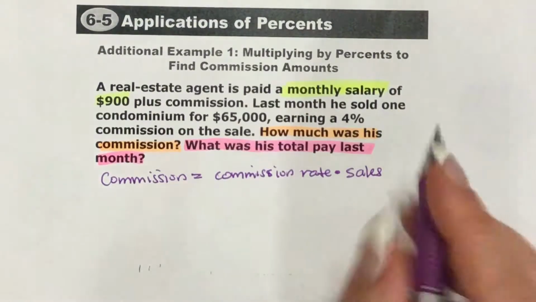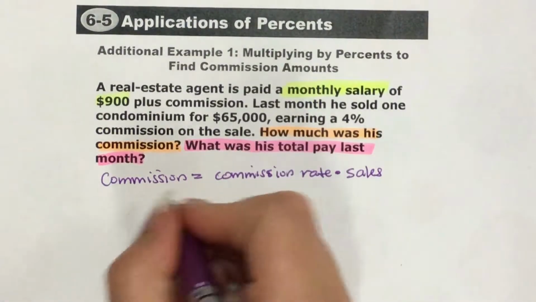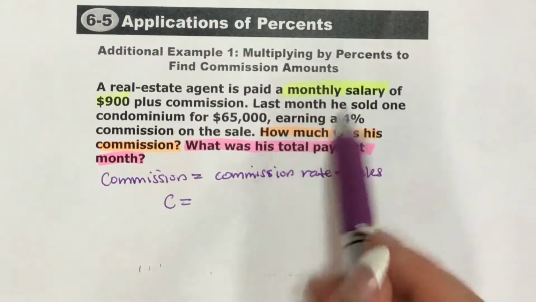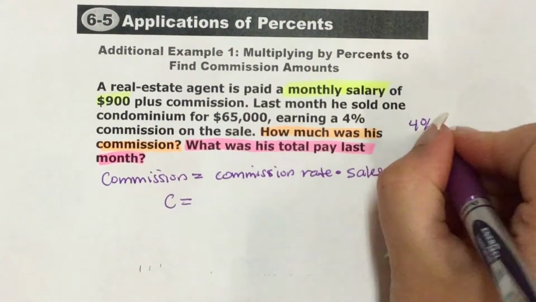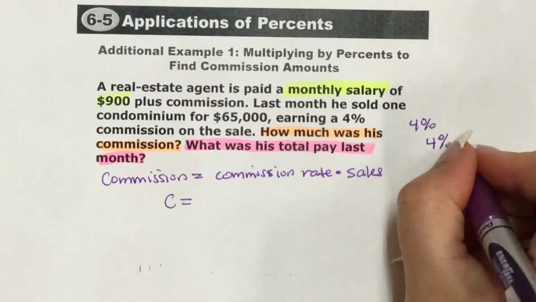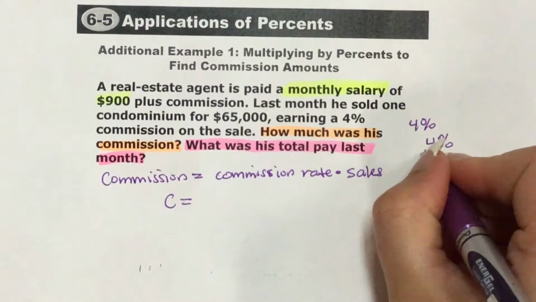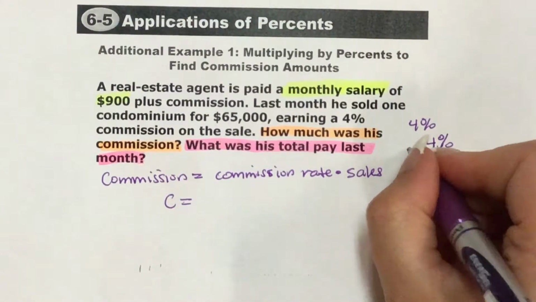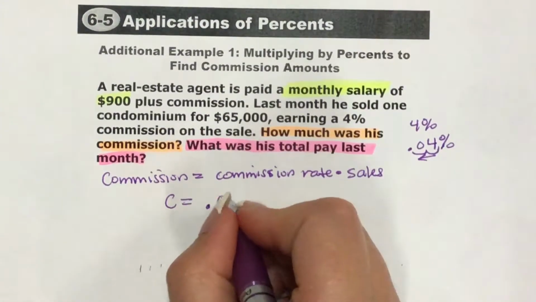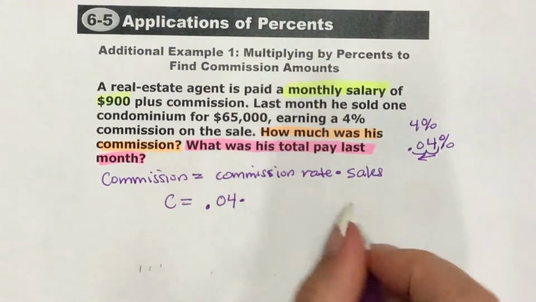I'm just going to say C for the commission. The commission rate is 4%, so we're going to change 4% into a decimal. We move it over 2 places to the left, which gives 0.04. So it's 0.04 times the amount of sales.